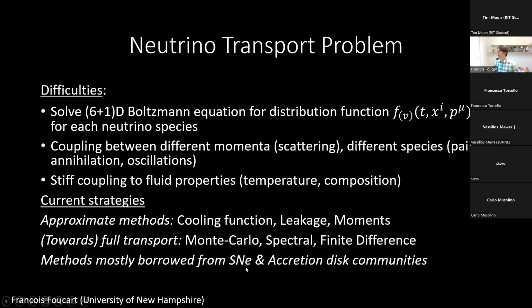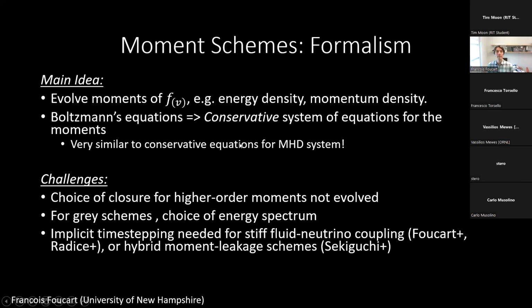But I should say there are other ways to do a full Boltzmann transport that are currently being investigated and that I believe will probably be successful as well in the next few years and might in the long term actually be more efficient than Monte Carlo methods, as we will see.